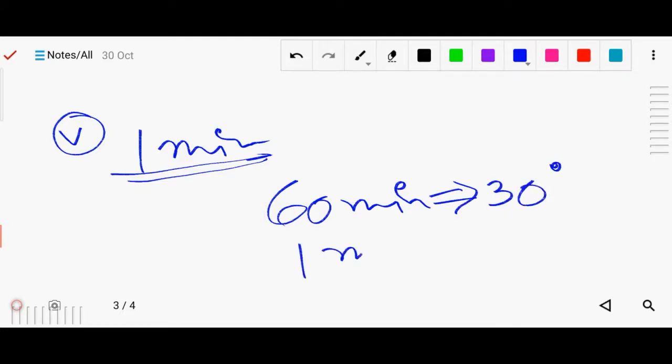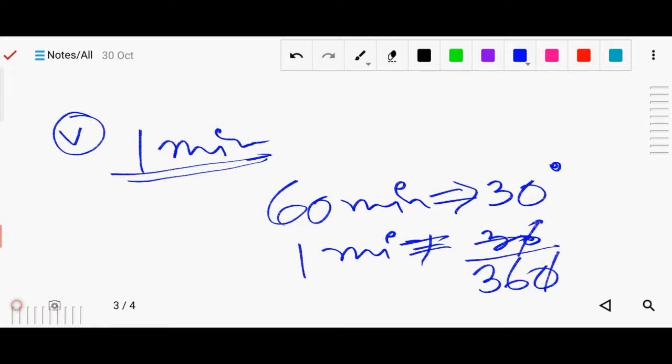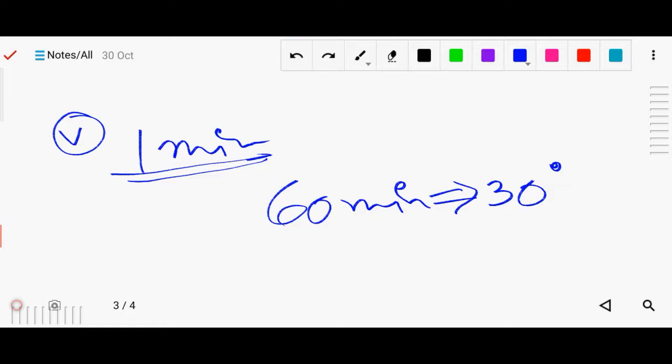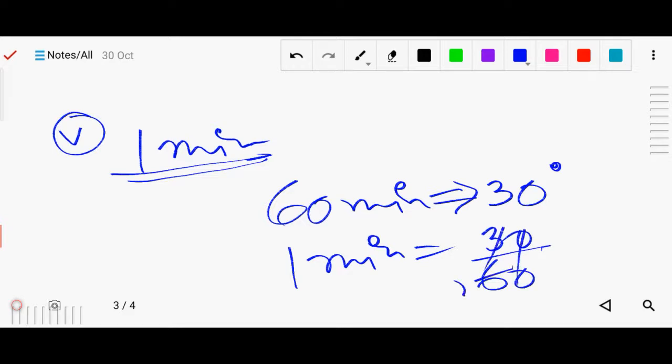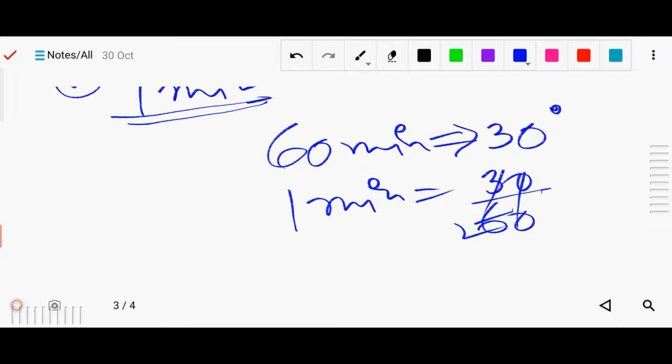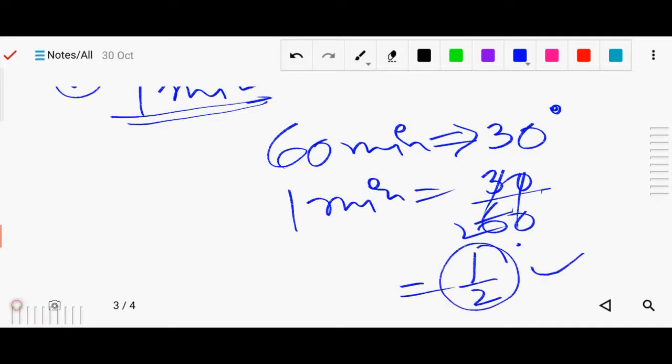So in 1 minute it will be 30 divided by 360, sorry, here I just write 360. So in 1 minute, 30 by 60, so this will be cancelled, so 2. Now in 1 minute how many degrees will the hour hand cover? 1 by 2 degree. So that's your answer.